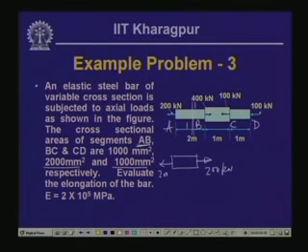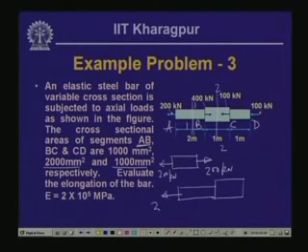So, this particular segment is subjected to a pull of 200 kilonewton. If we take a section here, section 2-2, and take the free body part of it, then here we have a force of 200 kilonewton, and here we have a force of 400 kilonewton acting in the other direction. So, the resulting force is 200 kilonewton acting in the opposite direction, so it has to be balanced. So, this has to be 200 kilonewton.